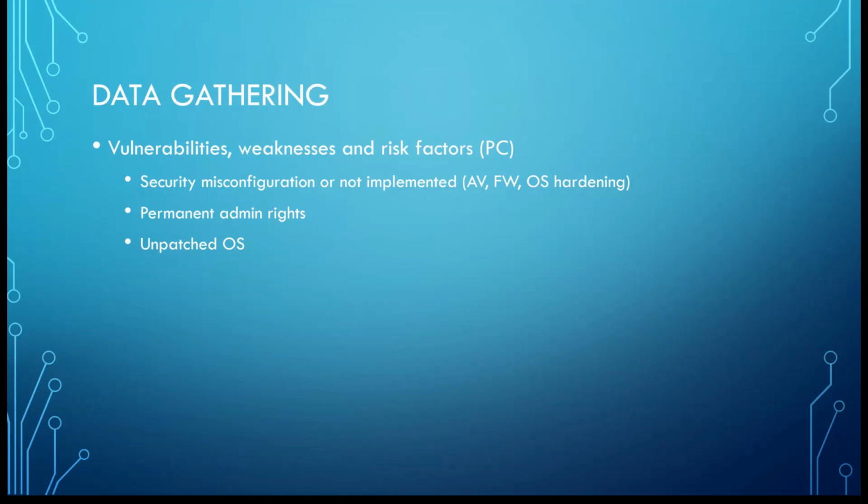Now, for a computer, what are the common vulnerabilities? Well, you can have security misconfigurations, or security that is just not implemented, so no antivirus, no firewall, no OS hardening, for example. If you ever have permanent admin rights, so for example, usually when you have a Windows 10 computer, you are an administrator, but you have to elevate your privileges if you would like to do any administrative stuff.